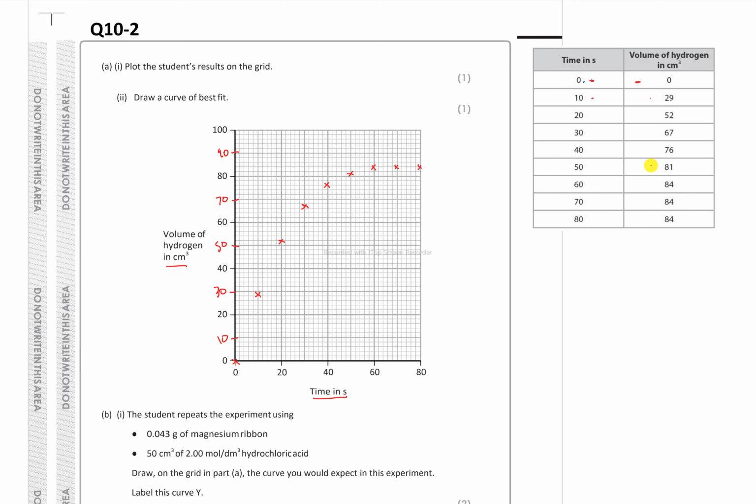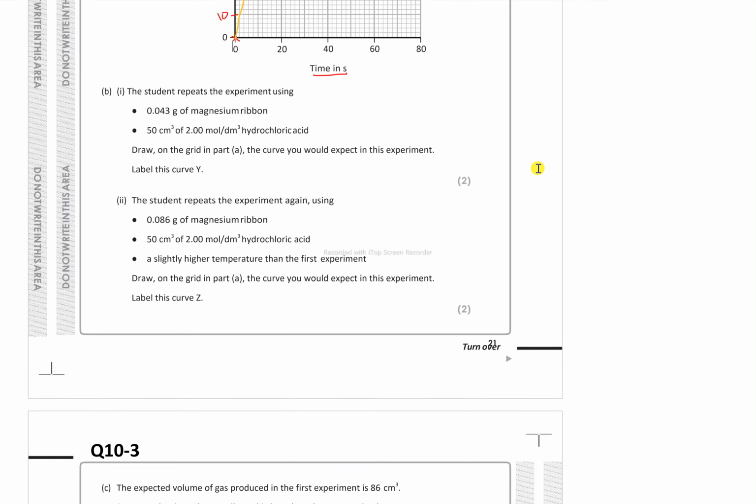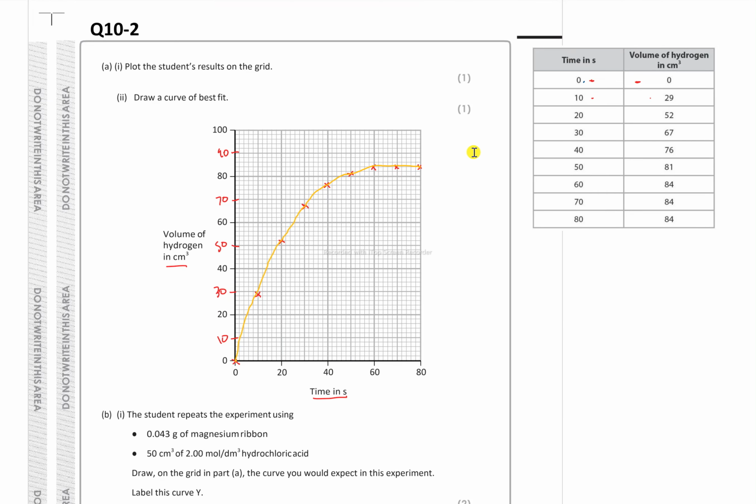So that's like a curve. Now, if I don't mess this up, okay, let me try to draw it. It's a curve of best fit. There you go, genius. That's it. We're not interested in anything else.